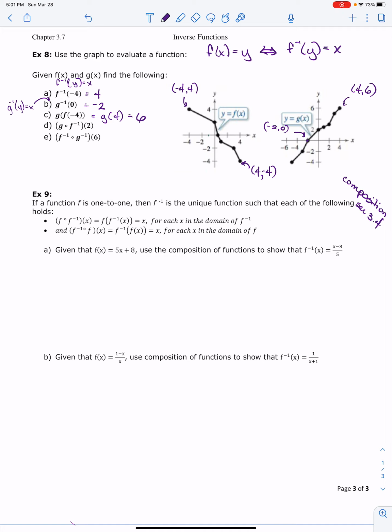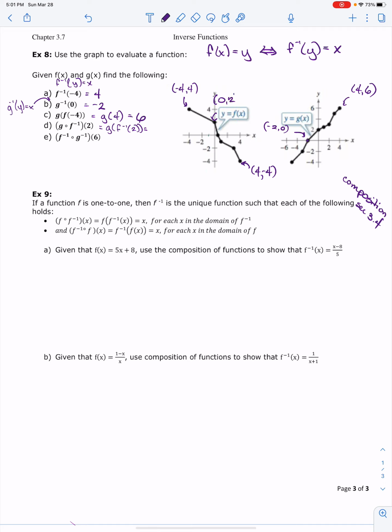Now we want the composition of g and f inverse of 2, which means I want g of f inverse of 2. F inverse of 2 says, where is y 2? I got this point right here.